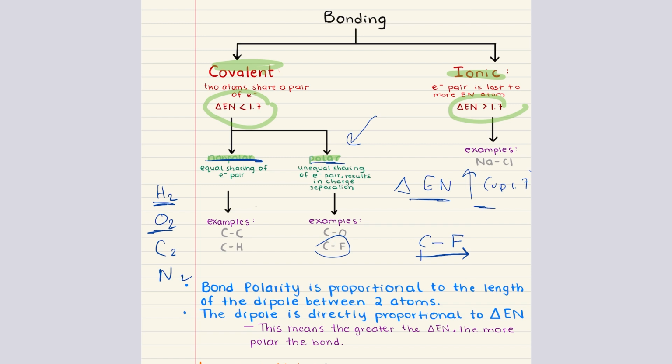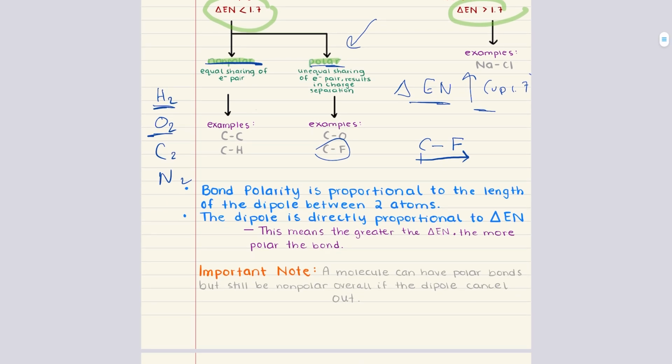Now, while individual bonds can be polar, that does not necessarily mean that the entire molecule is polar. So if we were to look at something like carbon bonded to 4 fluorine atoms, the individual carbon-fluorine bond is in fact polar.